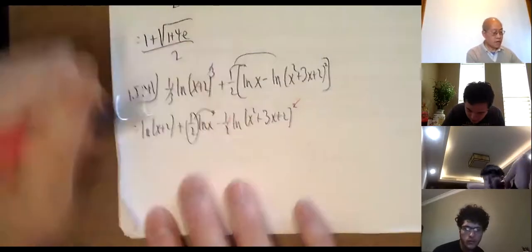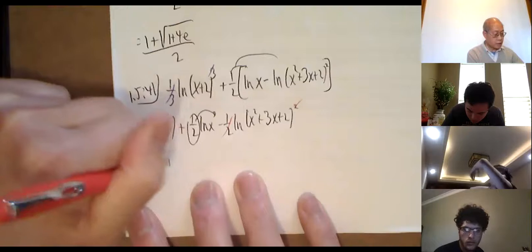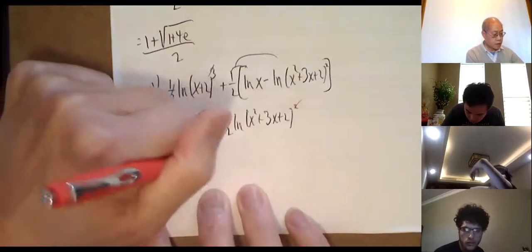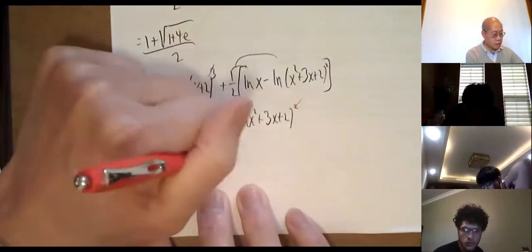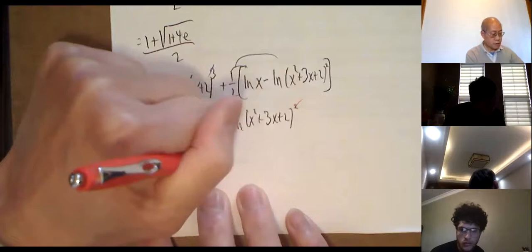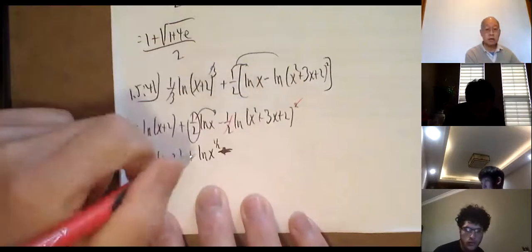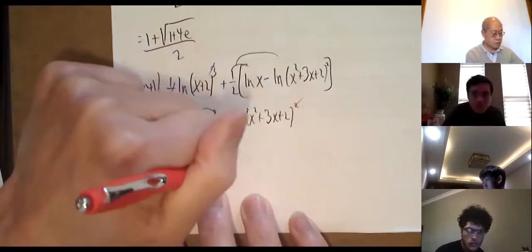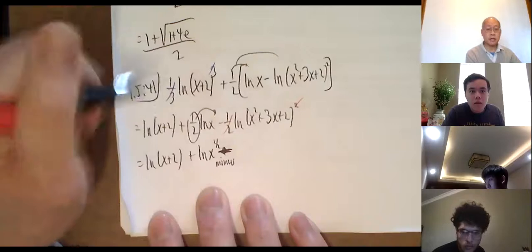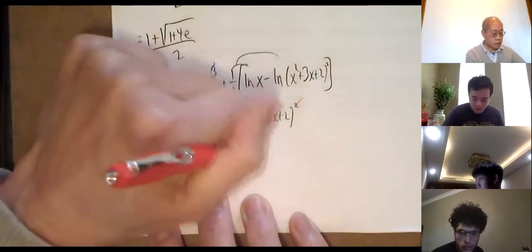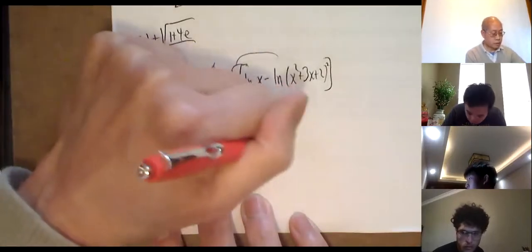I'll make that half climb back up: ln (x plus 2) plus ln x to the 1/2. Whoops, minus. Sorry, it's a minus sign. Ln (x squared plus 3x plus 2).